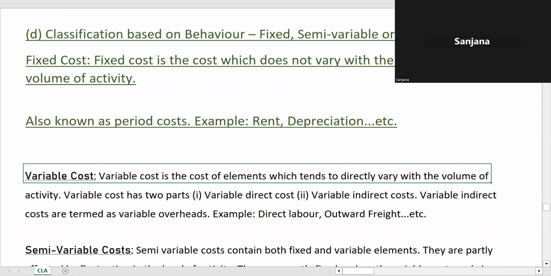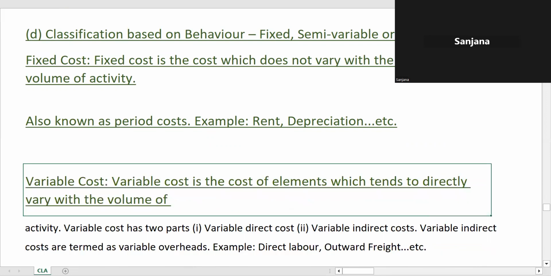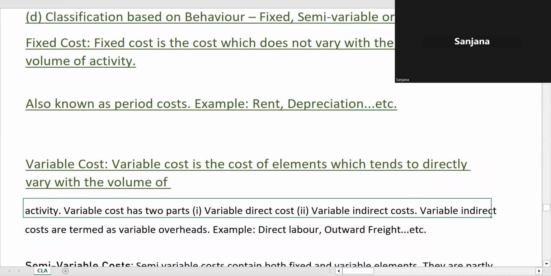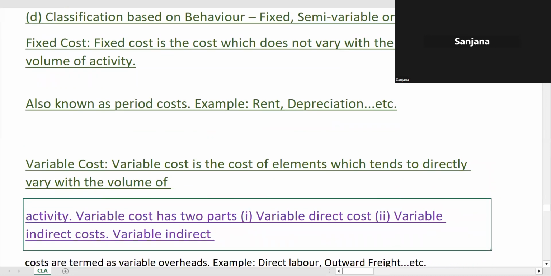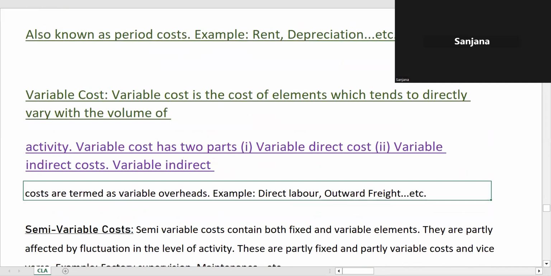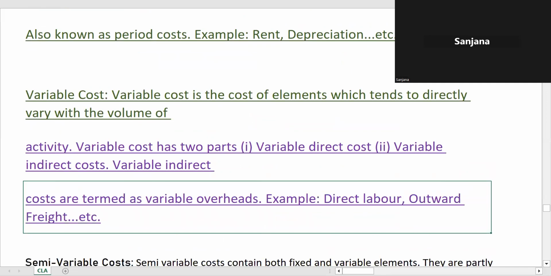Now variable cost is cost for each unit, like material and labor. They are all variable costs. For each new unit, variable cost has to be incurred, correct? It is the cost of elements which directly varies with the volume of activity. It has two parts: variable direct cost and variable indirect cost. Variable indirect costs are termed variable overheads.